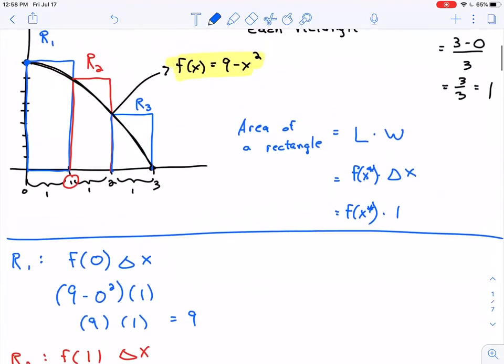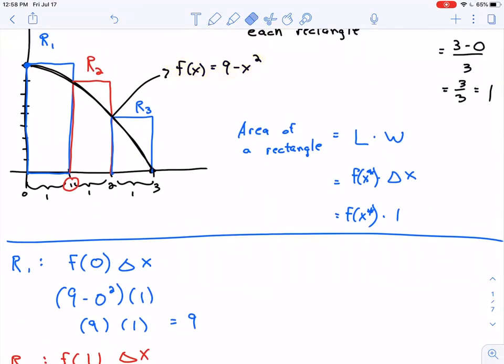So just to recap what we've done here, I found the area of each one of these rectangles. There's the first, there's the second, and there's the third. Well, if I want to approximate the area under this curve, I'm just going to take those areas that I found and add them all up.